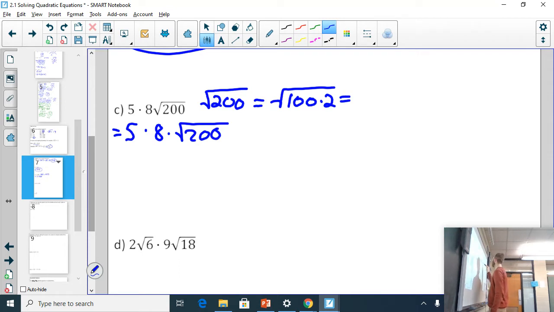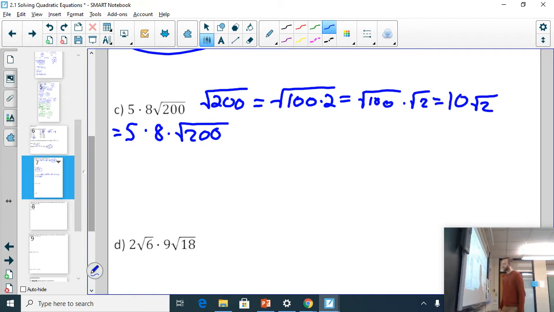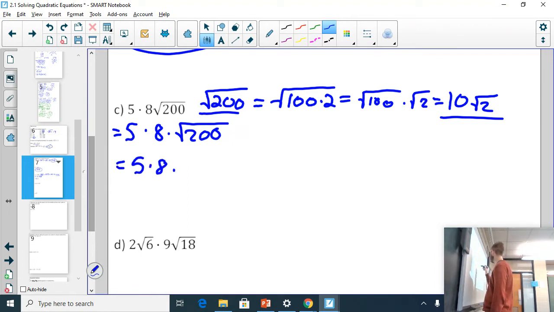And we know we can split it up to the square root of 100 times the square root of 2. So we really have the square root of 100 is 10 times the square root of 2. So I just said that the square root of 200 equals 10 square roots of 2. So let me replace that here. 5 times 8 times the square root of 200 is the same thing as 5 times 8 times 10 times the square root of 2.